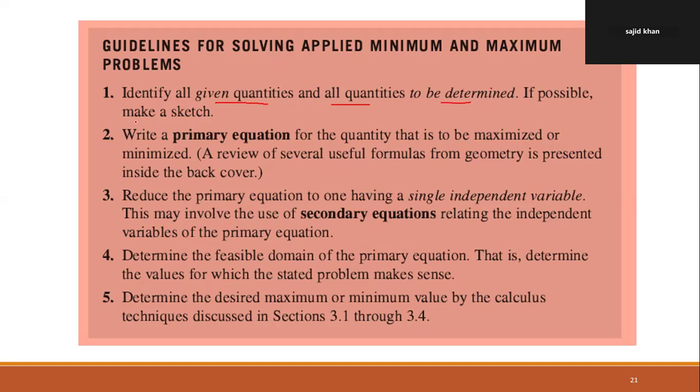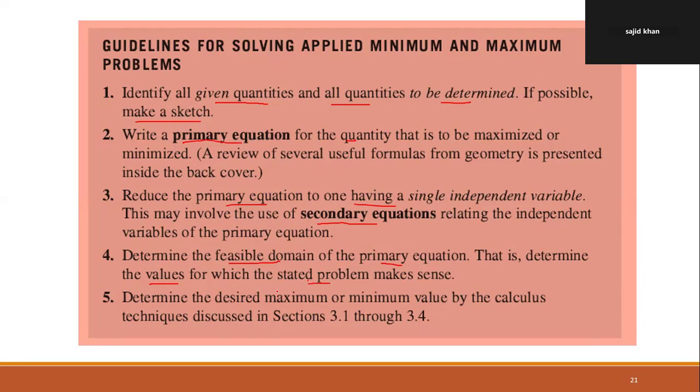If possible, make a sketch and then write the primary equation for the quantity which is to be maximized or minimized, and then reduce the primary equation to one independent variable with the involvement of the secondary equations. After that, identify or determine the feasible domain of the primary equation and then determine the values over which the stated problem makes sense. Understand?